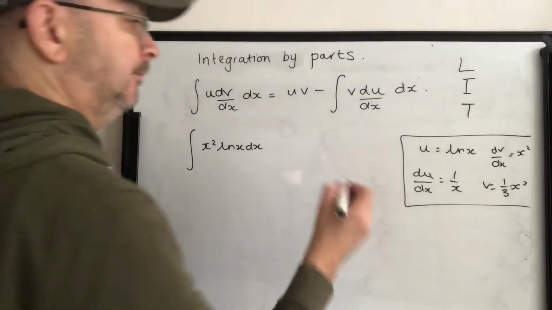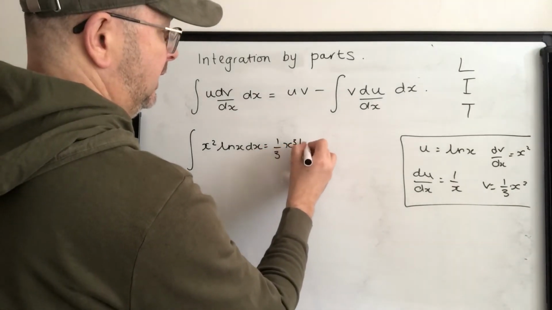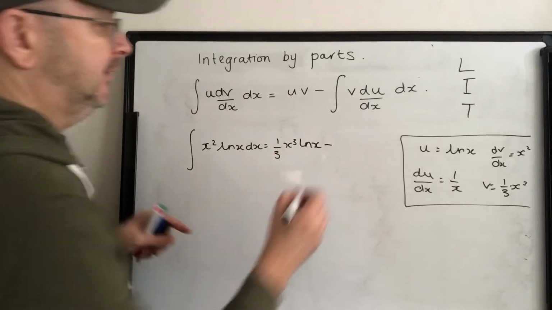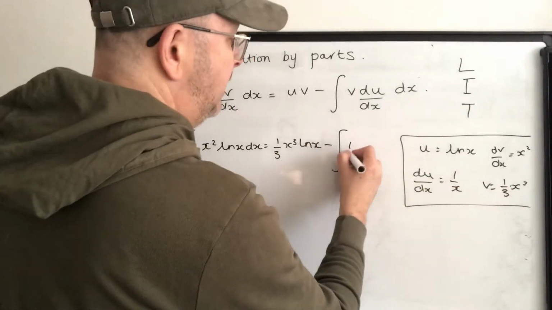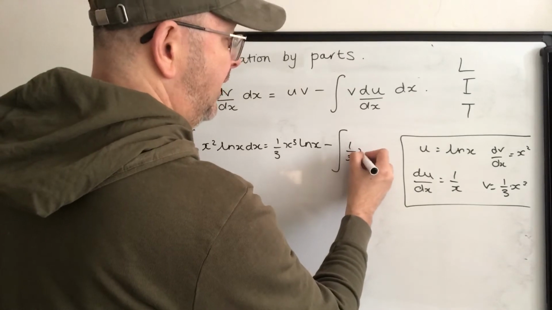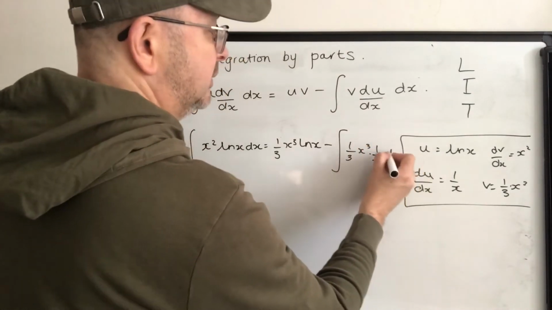So it's uv, write it in nice order, a third x cubed natural log of x, minus the integral of v du dx. So many people, you can't imagine how many people go, well, I can't integrate that. No idea how to integrate that.